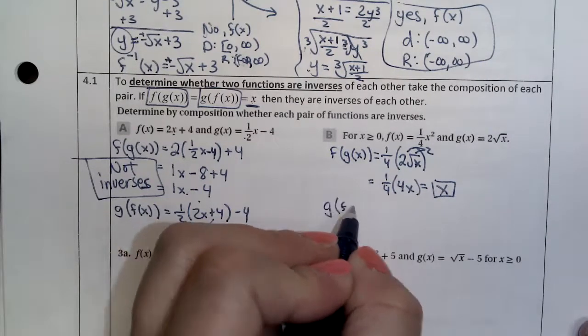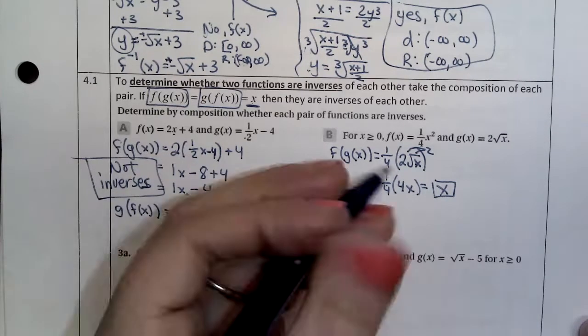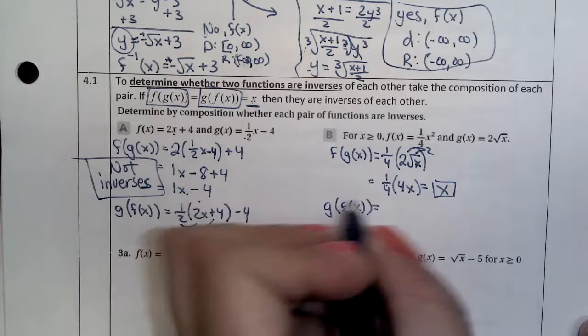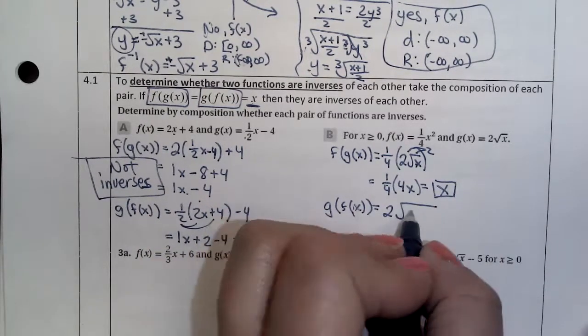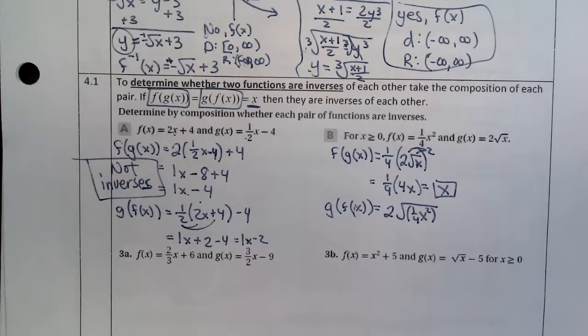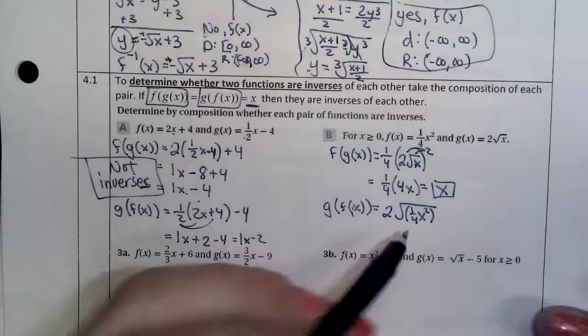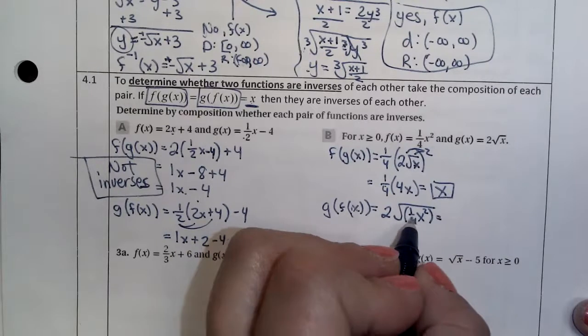Now I have to prove that g of f of x also equals x. So now I'm going to say 2 times the square root of x. Well, what is that? That's 1/4 x squared.